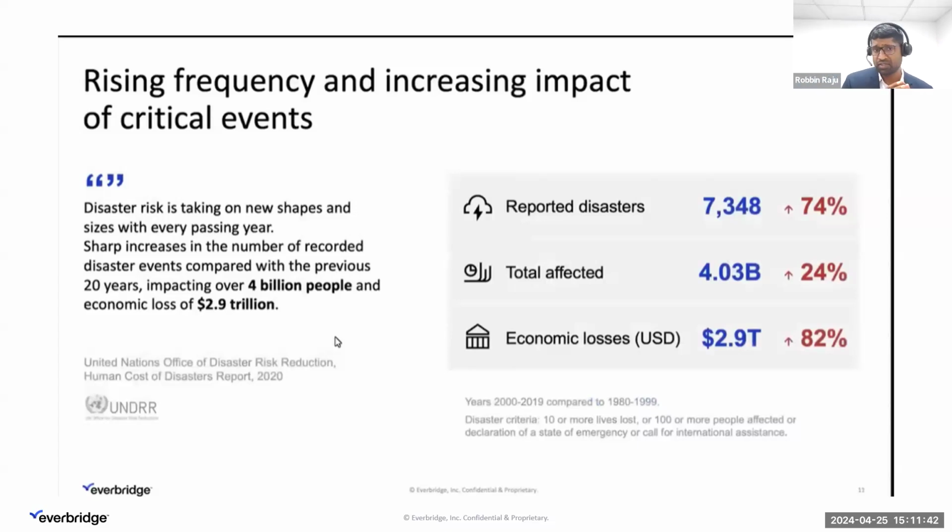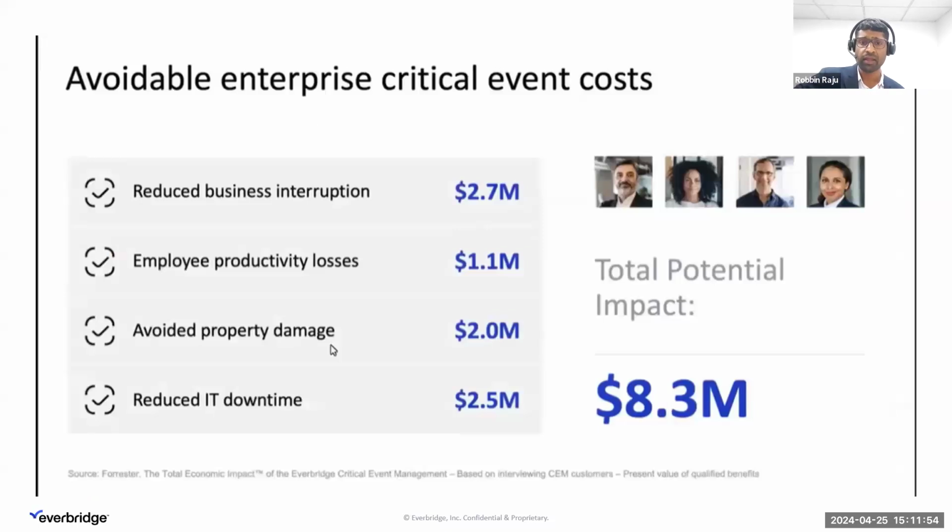So things have changed dramatically from there on. So all these things have further increased, putting more stress on organizations in their approach to deliver their products and services into the marketplace. Here is a study, and this study was done by Forrester on some of the Everbridge customers worldwide.